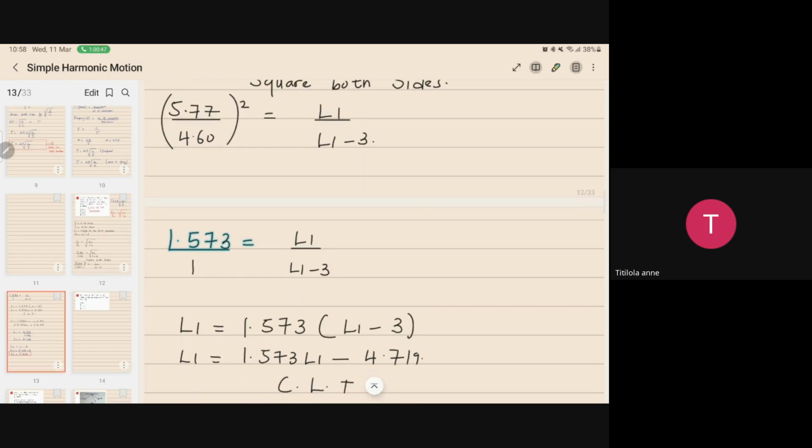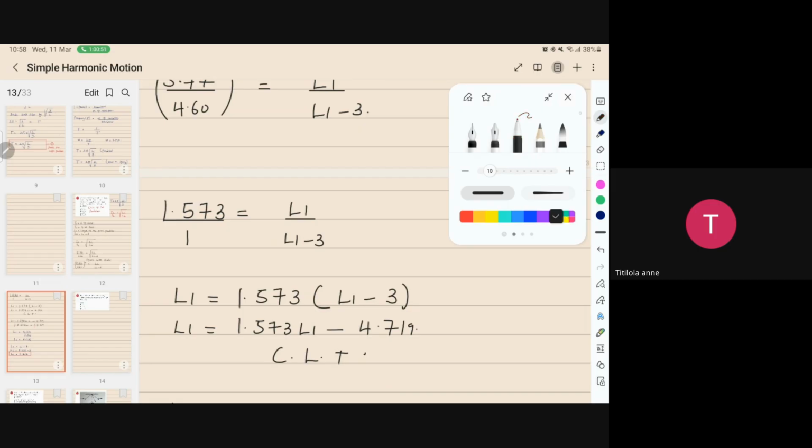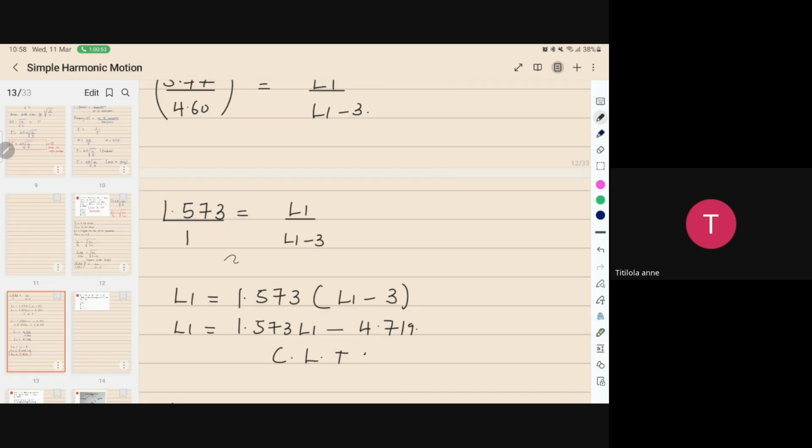Now, I cross multiplied. When I cross multiplied, L1 times 1 gives me L1. Now I have this variable multiplying this whole thing here, that's why I had to introduce my brackets.